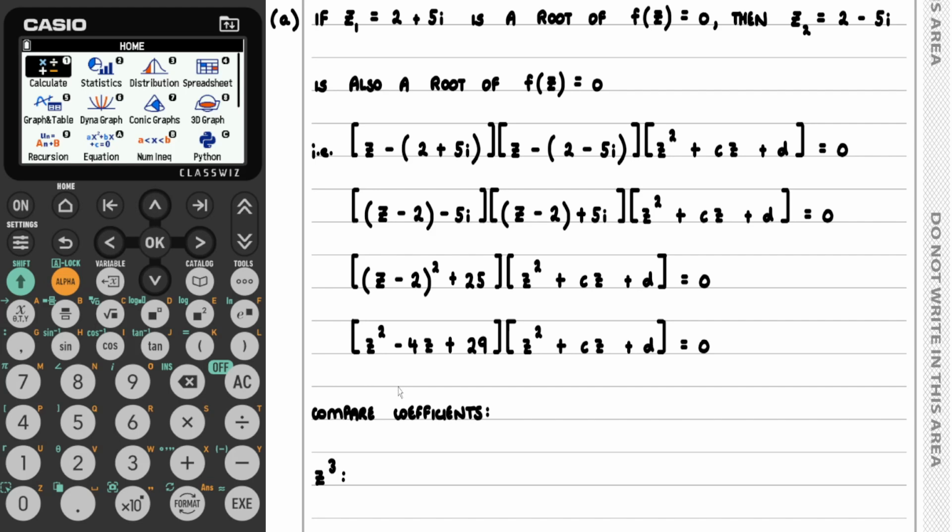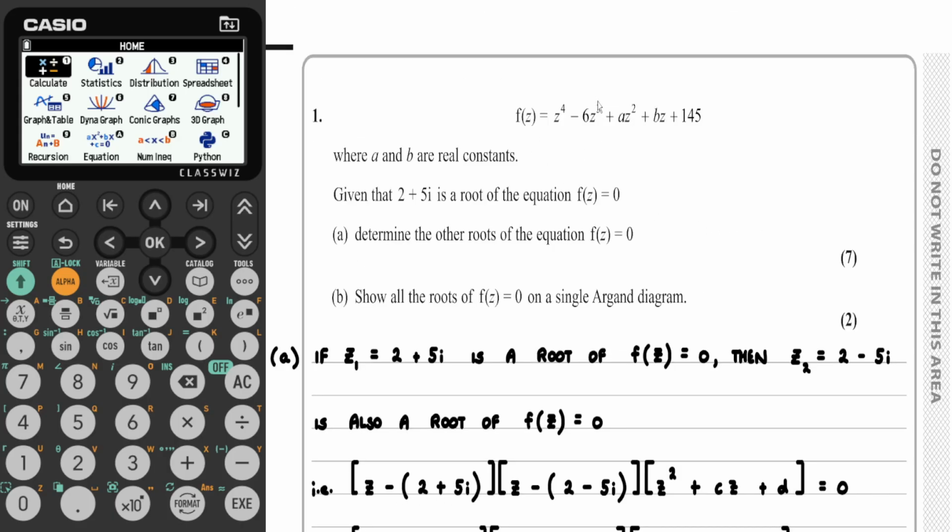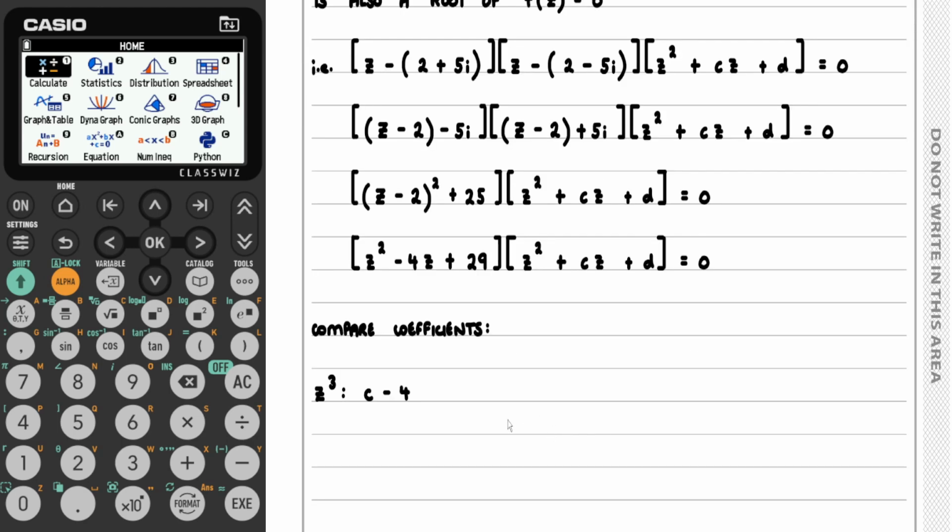What gives us a z cube is z squared multiplied by cz, so the coefficient of z cubed will be c, and then negative 4z multiplied by z squared gives us a z cubed, so the coefficient will be negative 4. And here we've got negative 6z cubed, so the coefficient of z cubed is negative 6. Meaning, we set this equal to negative 6, and if I solve, c is equal to negative 2.